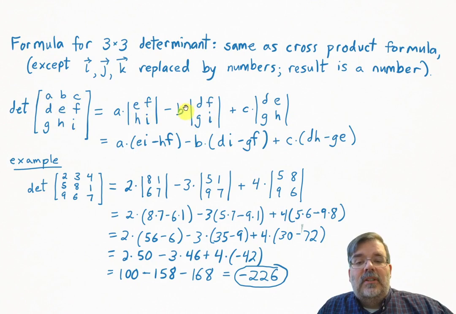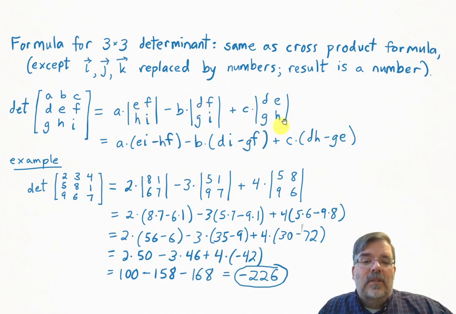To get the matrix next to B, again, we would ignore the values in the same row and column as B, so ignore those, and the remaining 4 values, in this case, D, F, G, and I, that forms our 2 by 2 matrix, and the same for C. In the original matrix, ignore the values in that same row and column. The remaining values, they form your 2 by 2 matrix.